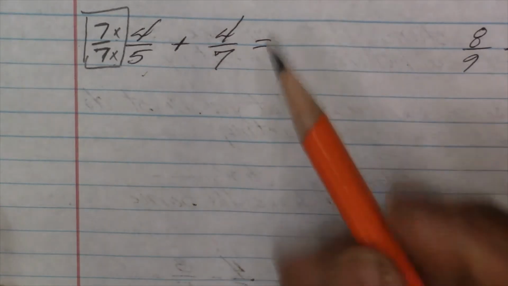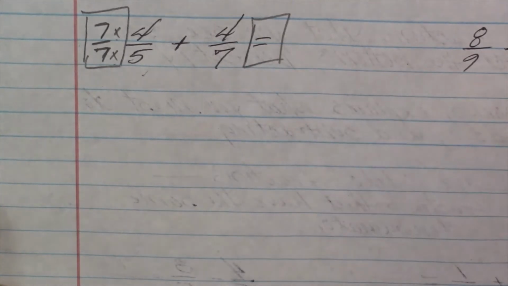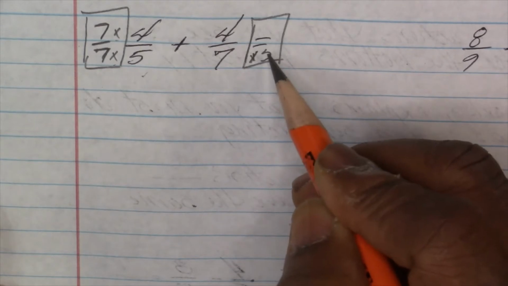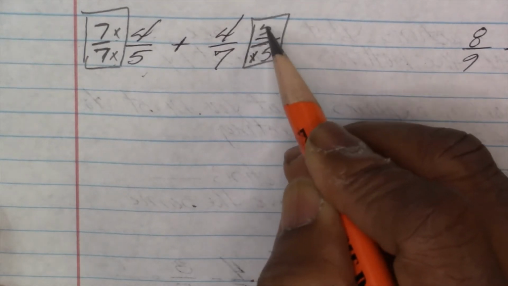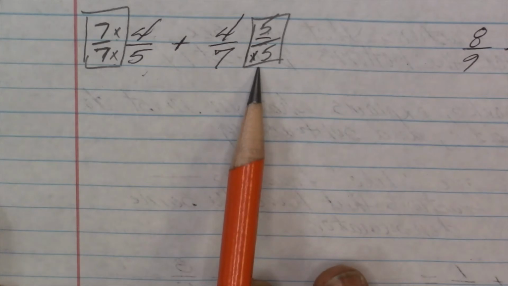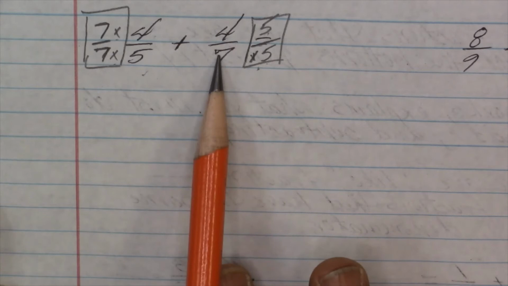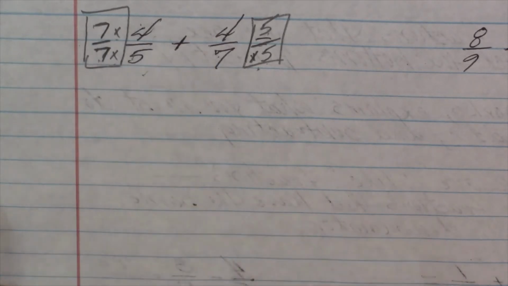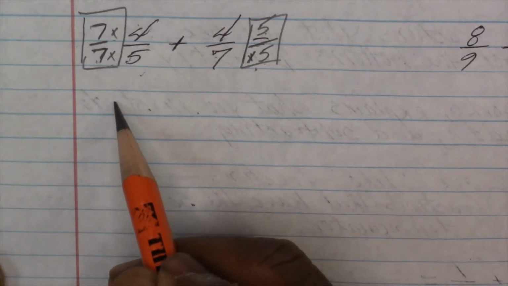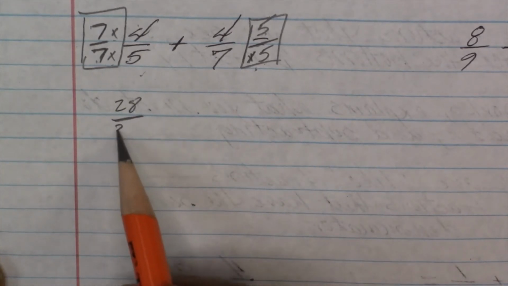And again, over here, I know that I need to multiply. And notice on my sheet of paper, I'm not worried about the equal sign because I'm going to rewrite the problem anyway. Now I have 5 divided by 5, which equals 1. The ugly 1, which is this thing right here, reminds me that I need to multiply my numerator and my denominator by the same value so that I rename the fraction. 7 times 4 is 28, and 7 times 5 is 35.